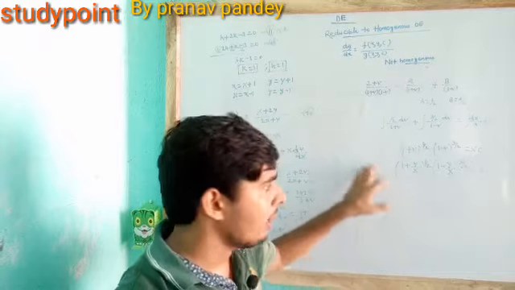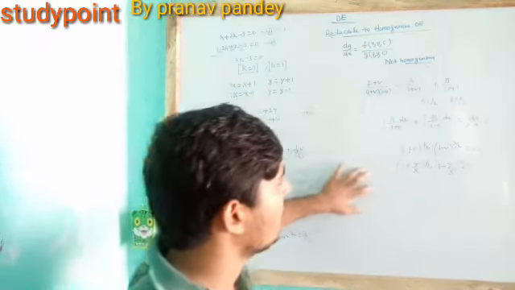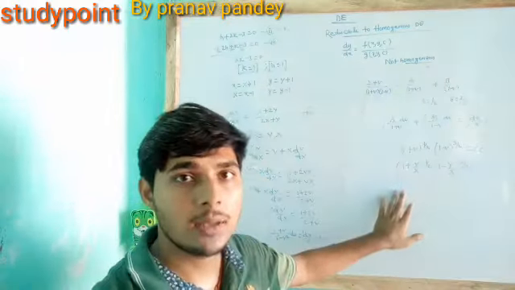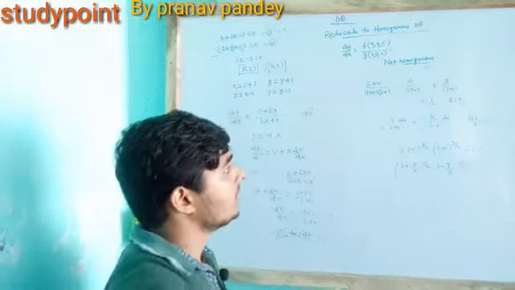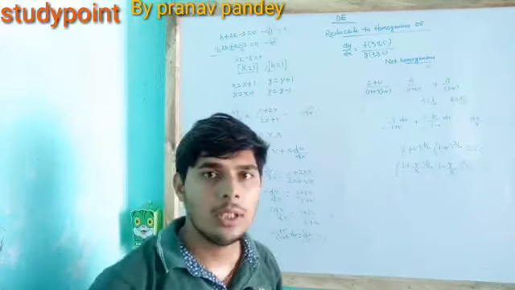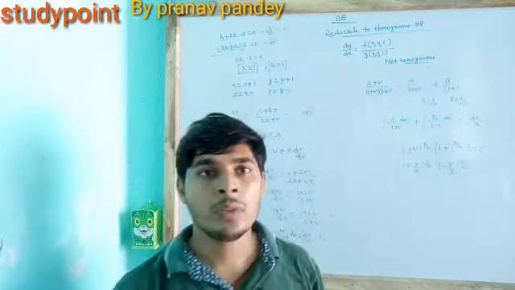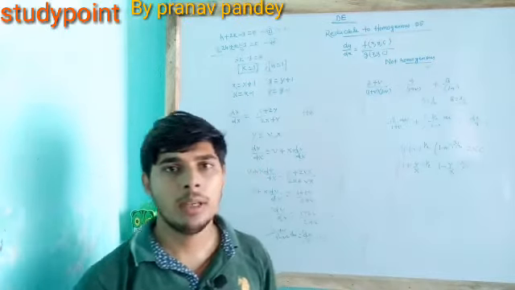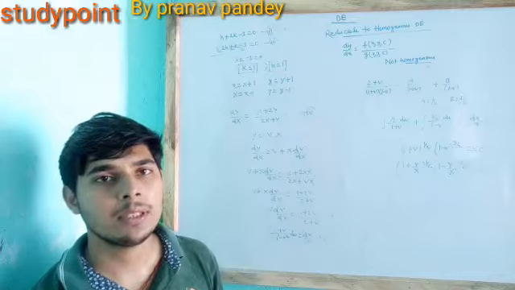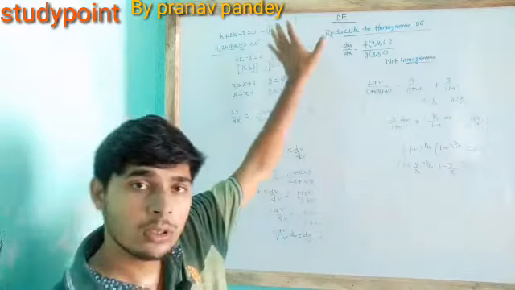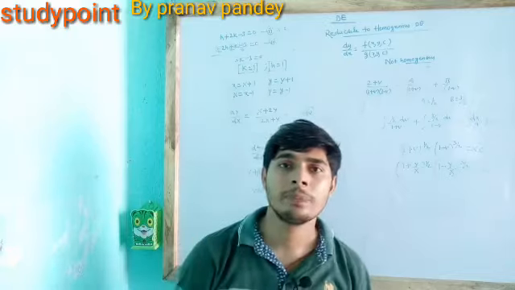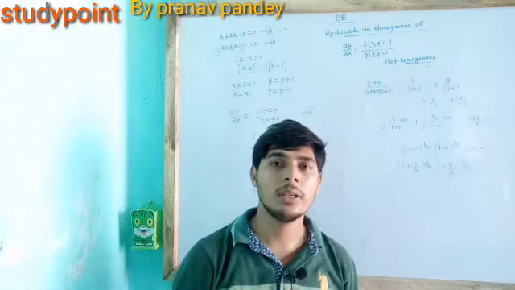Every term will be converted to a small x and a small y. So we will get the last equation as a reducible to homogeneous differential equation. In this way we can reduce any equation to a homogeneous differential equation, and we can find the required equation. So this was all about the homogeneous differential equation and reducible to homogeneous differential equation.